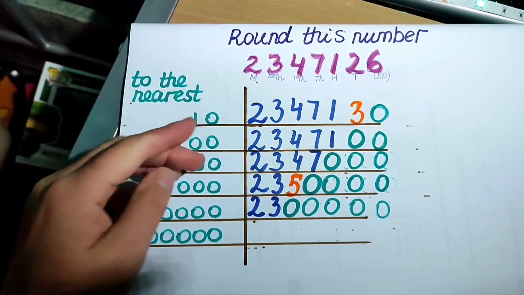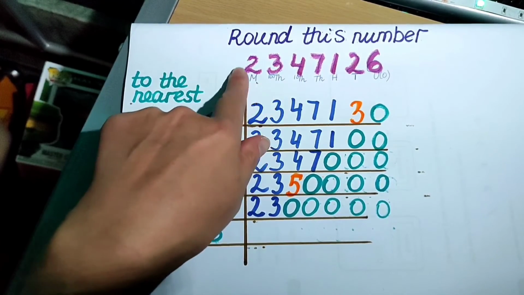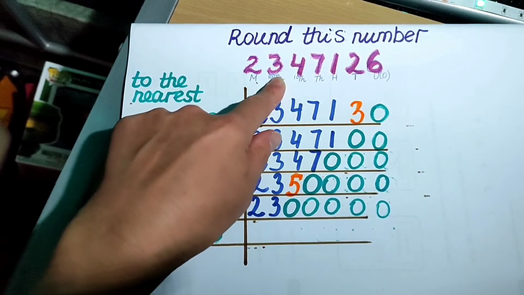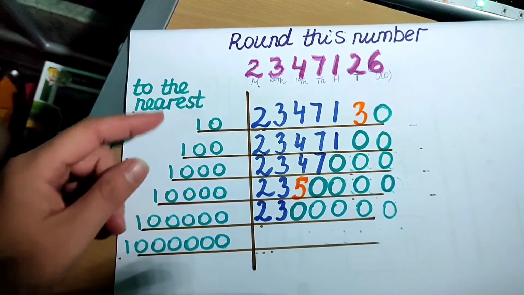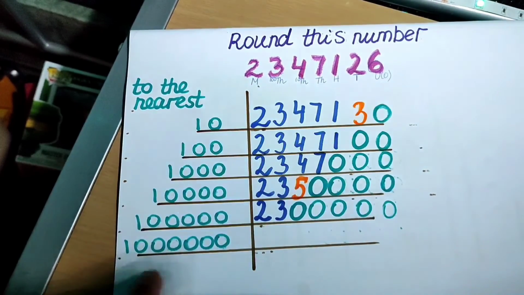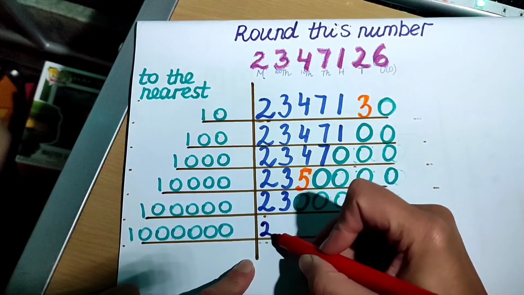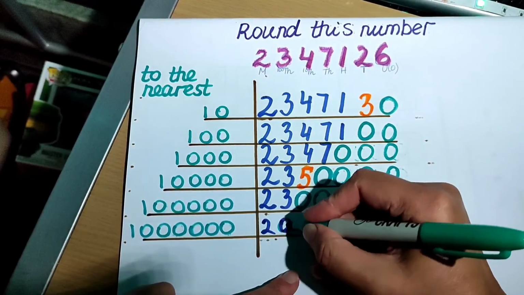Well, we can tell straight away it's closer to 2 million, but let's check. Let's look at the number right next to 2 million. It's 3. It's less than 5. That means that 2 stays the same. So this number rounded to the nearest million is just 2 million.